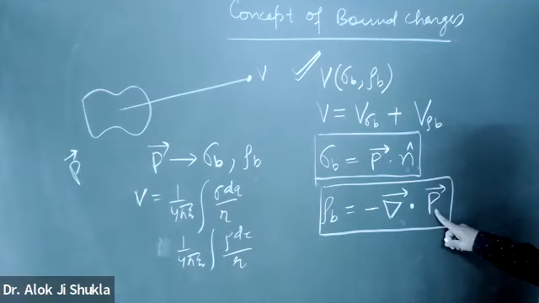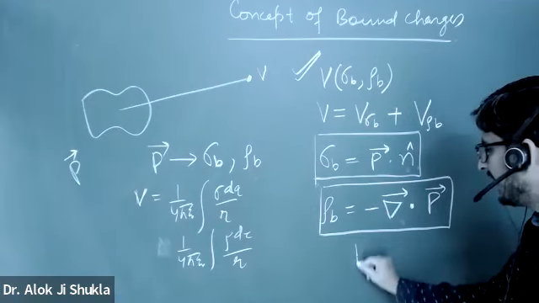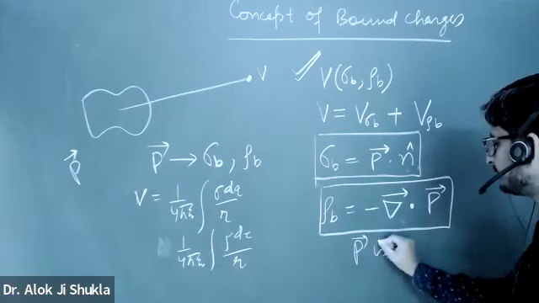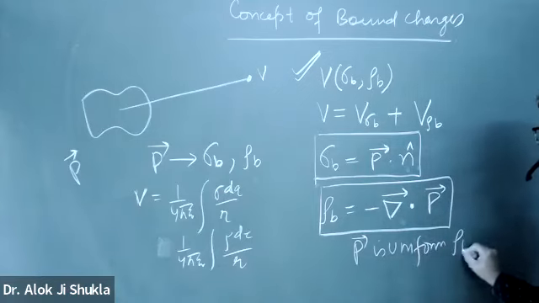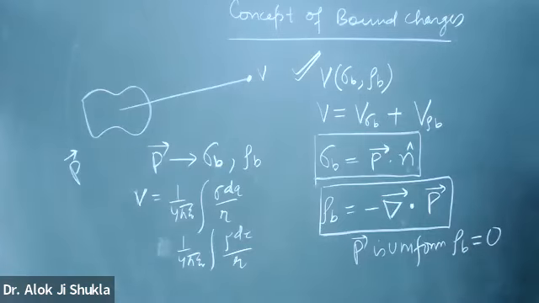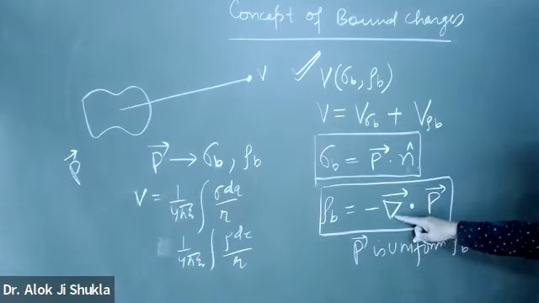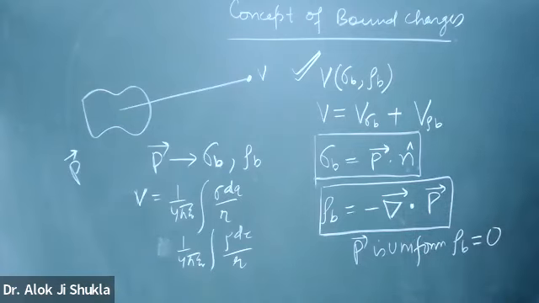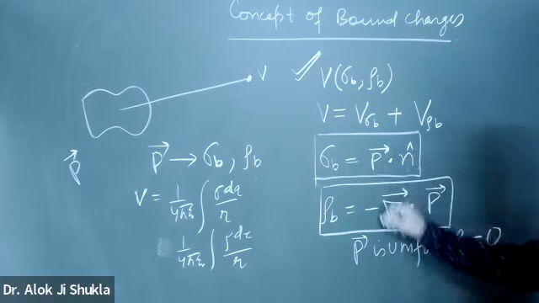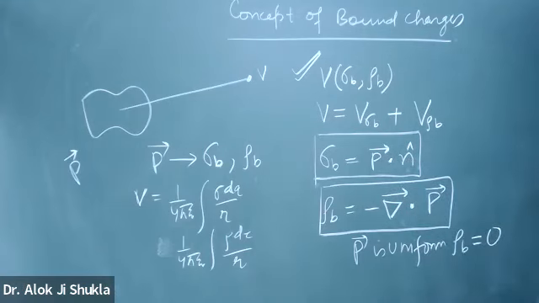If P is given, and please see, if P is uniform, then what will rho b be? Zero. Because divergence is del dot, del by del x, del by del y, del by del z. So if P is constant, that differentiation will make it zero. So if P is uniform, you will not get rho b. So these two things you must know to calculate.